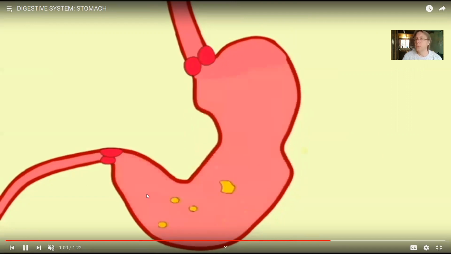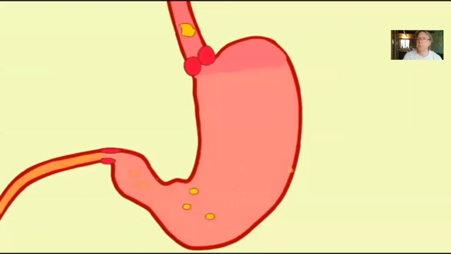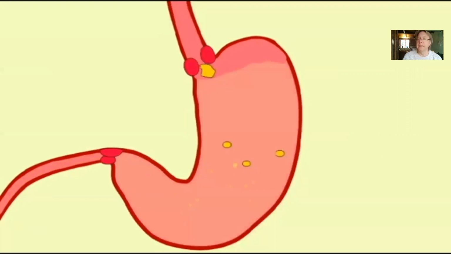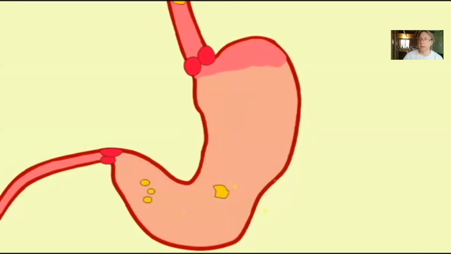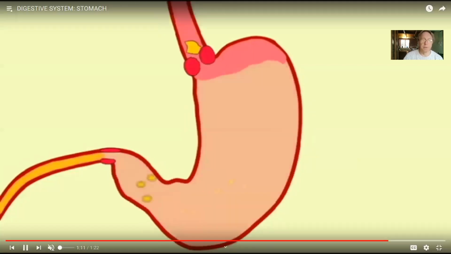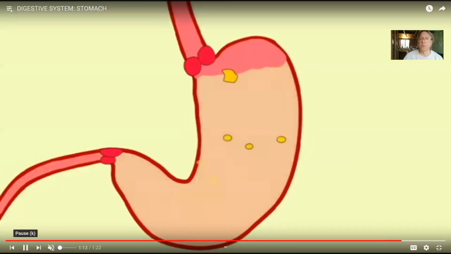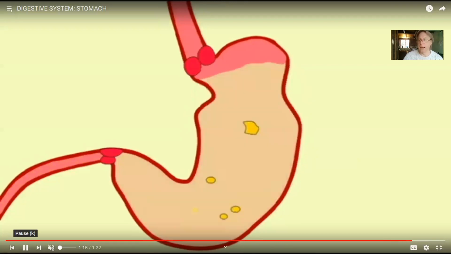When food enters the stomach, it is a soft, squishy bolus of food, but when it leaves, it is a semi-liquid juice known as chyme. So the stomach is primarily here for mechanical digestion, to convert this food into chyme.